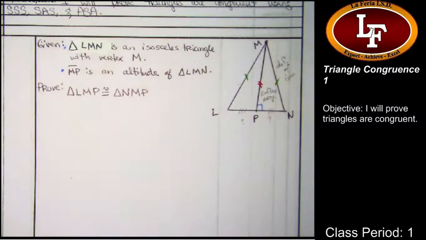It's perpendicular, which means it hits at a 90-degree angle. But that's all it says? Yes. So if we could find a way to show that it's the bisector, we got it. But the hard part is finding that reason.